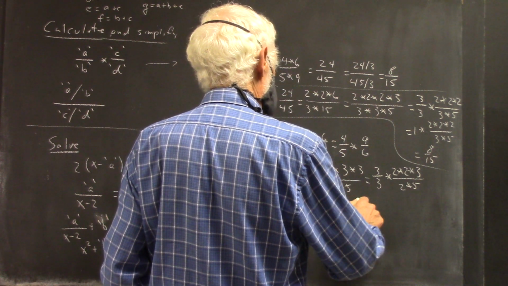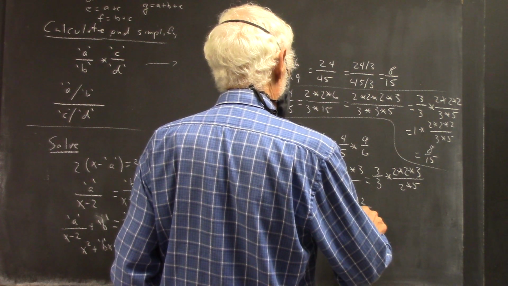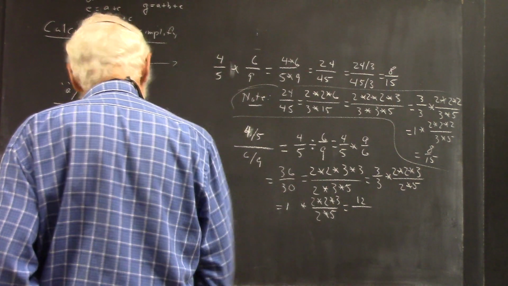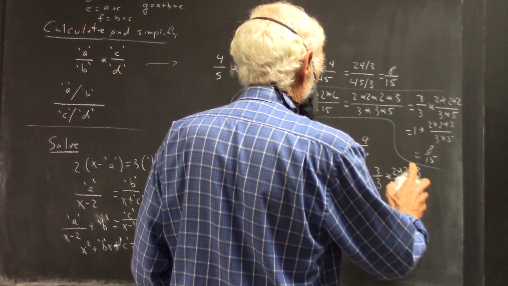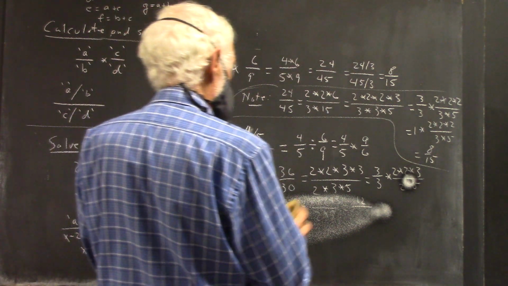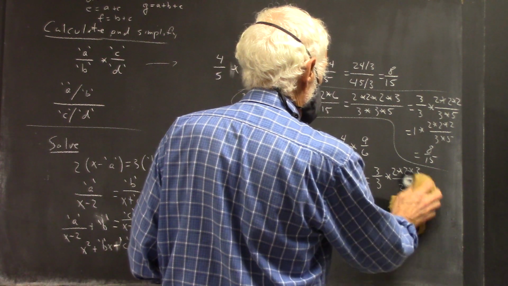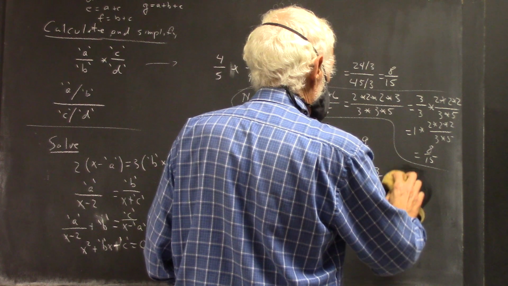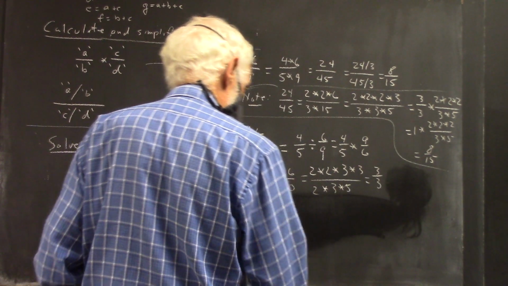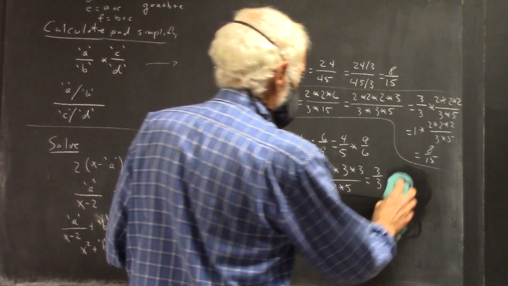And 2 times 2 times 3 is 12. And 2 times 5, oh man. I'll fix that. Apparently my eyes just aren't working. Or my brain.